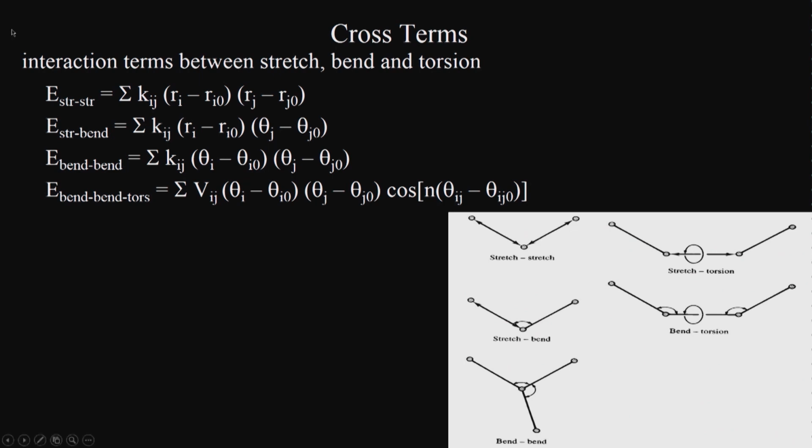For example, this is a new parameter Kij, which describes the interaction between 2 different stretches i and j. So, I need to know that parameter value. In addition, computational time will also go up because you have extra terms in your energy calculations.